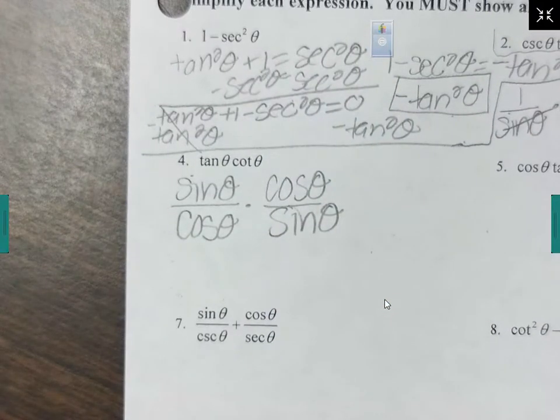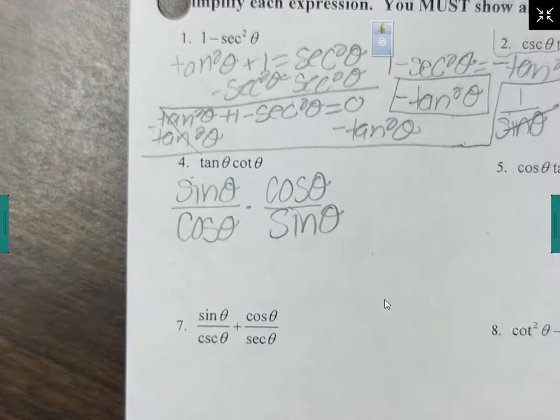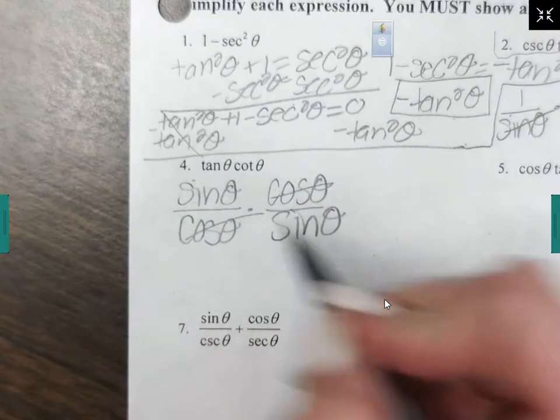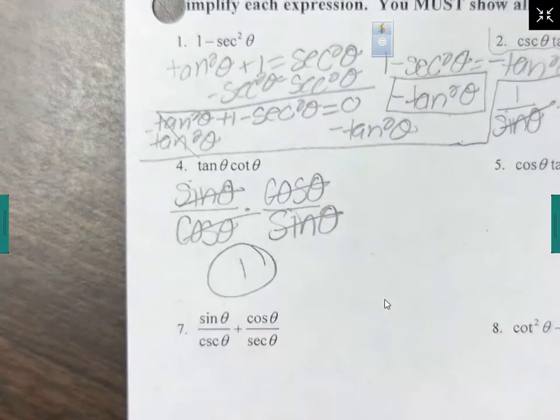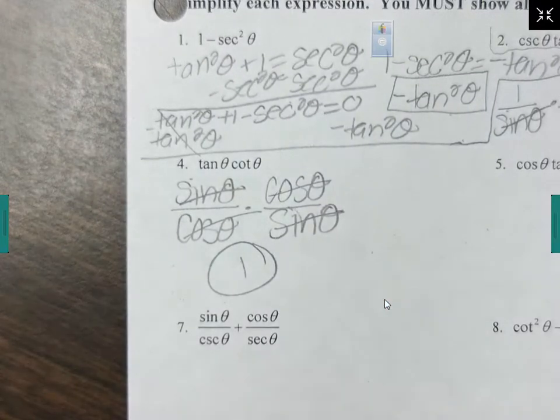Now, Hiram, do I have anything that I can simplify here? Cross out what? Cosine and sine, and we just get 1, right? Are there any questions?